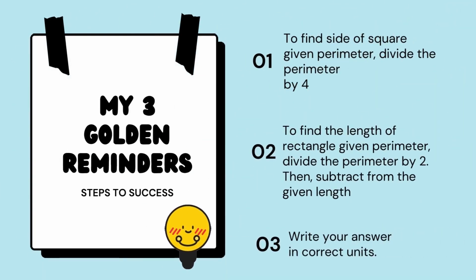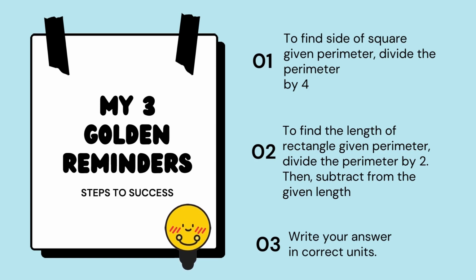So here are some of the golden reminders, or what we call steps to success. As you learned previously with area of squares and rectangles, we're going to use these steps depending on the situation. Step number 1 is used when you want to find the side of a square and you are given the perimeter.